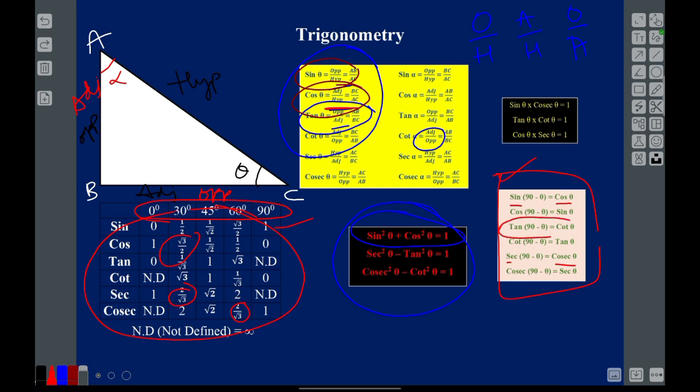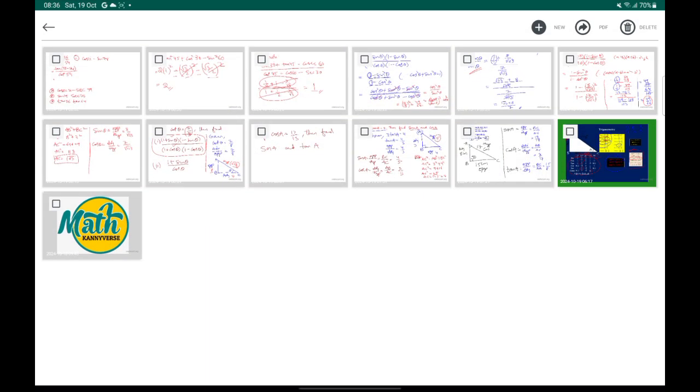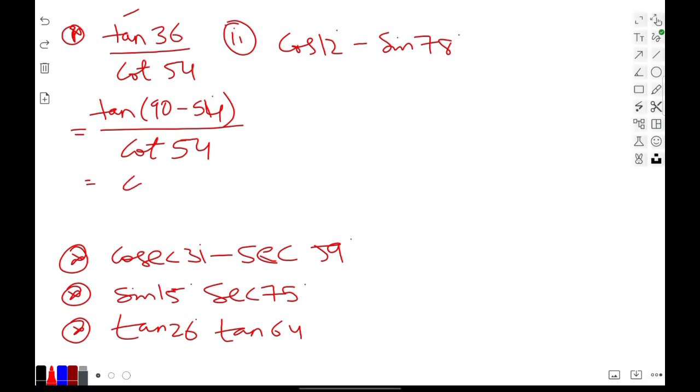In place of theta we have 54, therefore tan 90 minus 54 is cot 54 by cot 54. Cot 54 and cot 54 get cancelled, so the answer is 1.